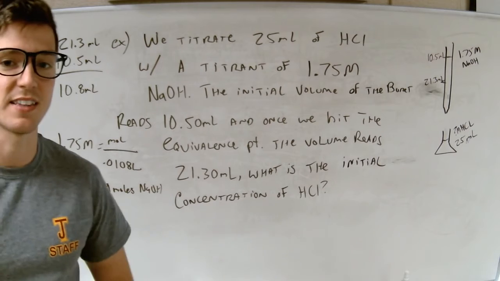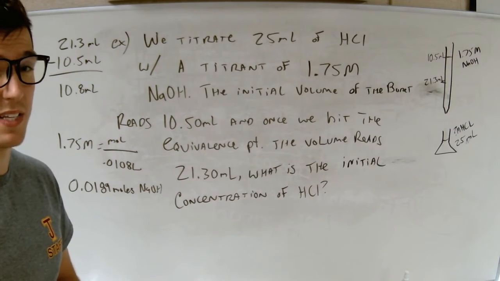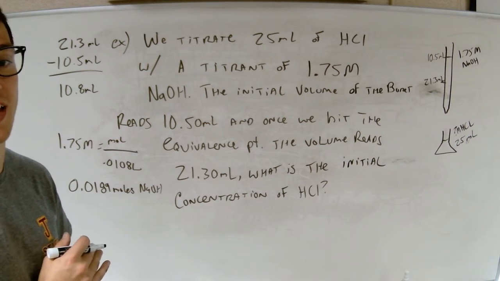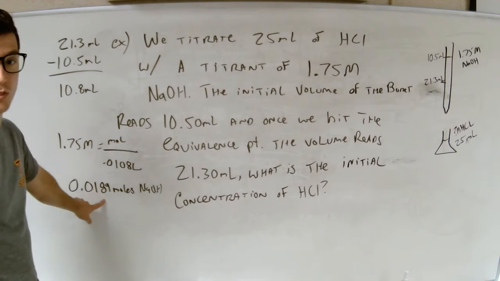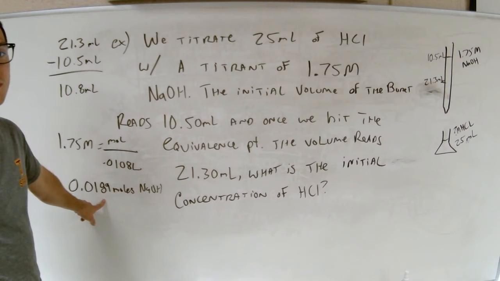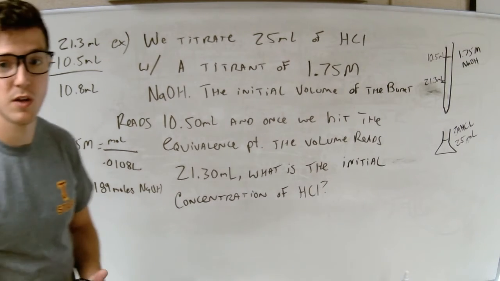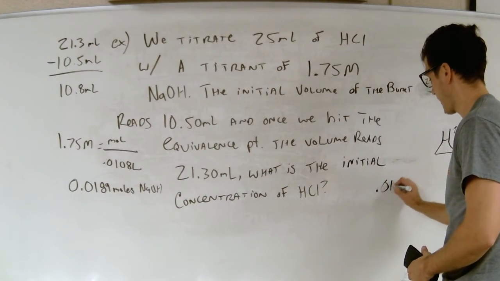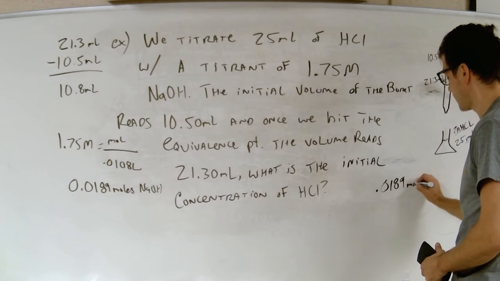And remember, that is at the equivalence point. So that means my moles of titrate equals my moles of titrant. My titrant was 0.0189, so that must mean my titrate is also 0.0189 moles. So that means I have 0.0189 moles of HCl.